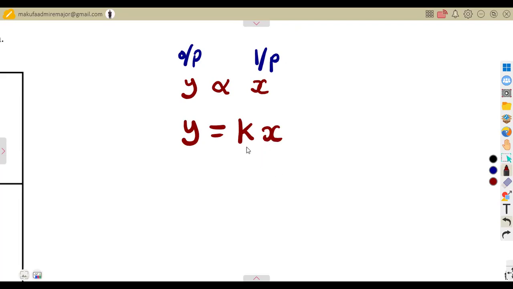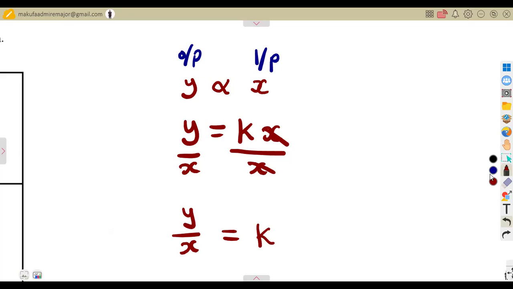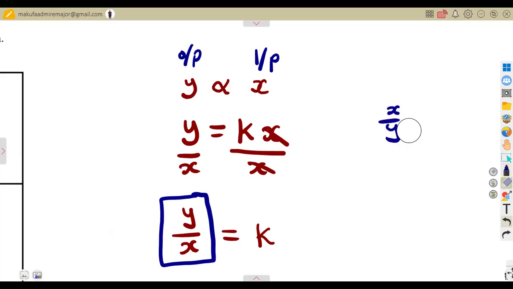So if I divide by X, I am going to obtain a constant. Y over X is equal to a constant. So wherever I divide the output over the input, I'm supposed to obtain a constant. Sometimes you can even use X over Y. It's fine. But from the actual way, you can use this consideration.